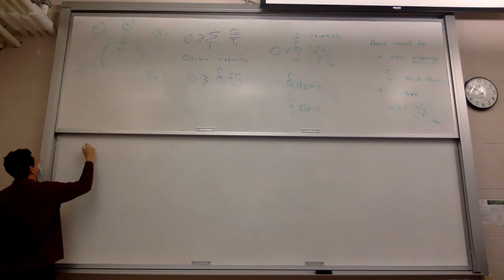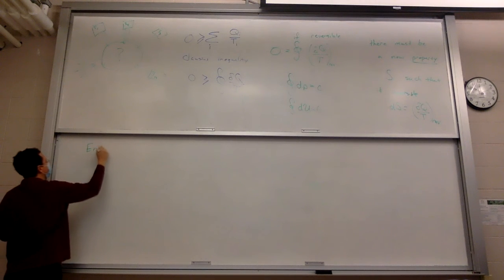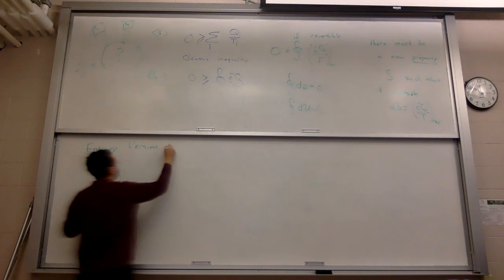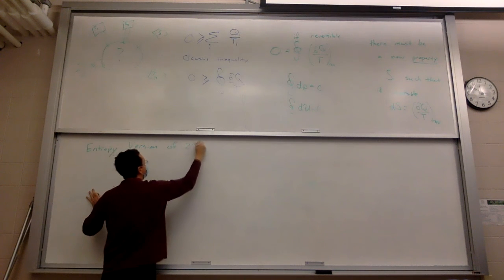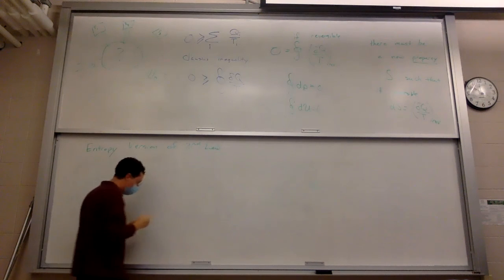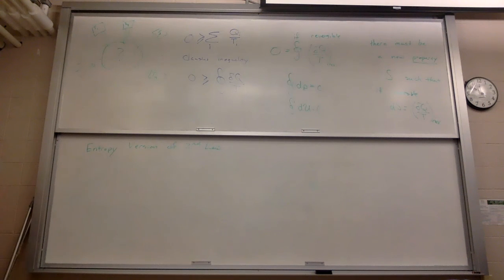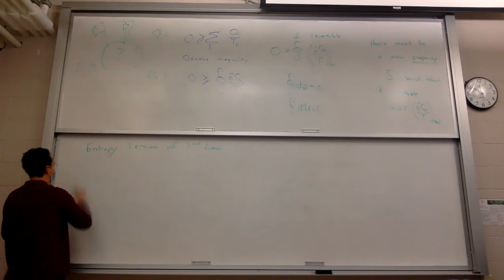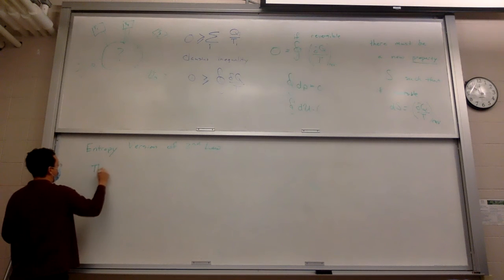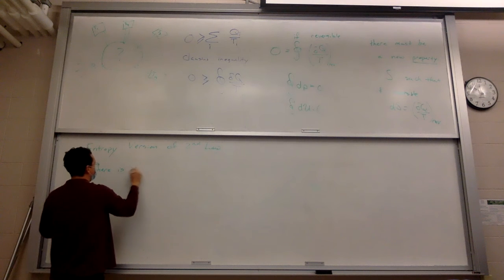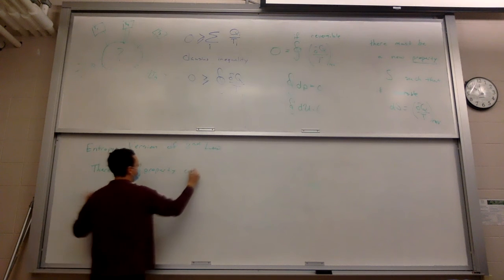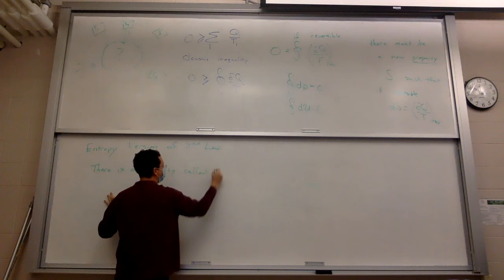This is going to be the entropy version of the second law. The entropy version of the second law states that there is a property called entropy.